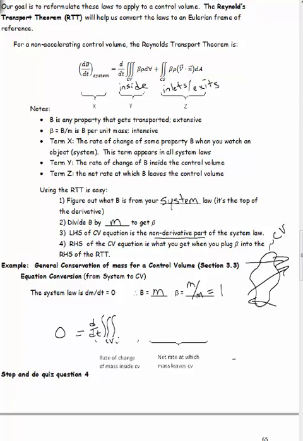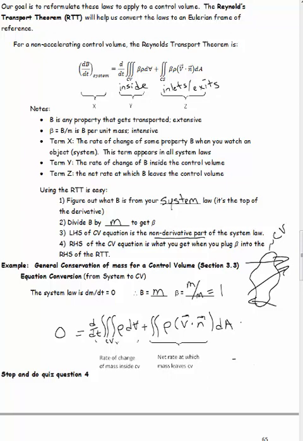Beta is just 1, so we can leave that off. Rho dV. That V should be volume. All right. Plus our integral over our inlets and exits. Beta is 1, so rho v dot n dA. All right. So do you recognize that rho v dot n dA? You should, because it was your conservation of mass from the last video.